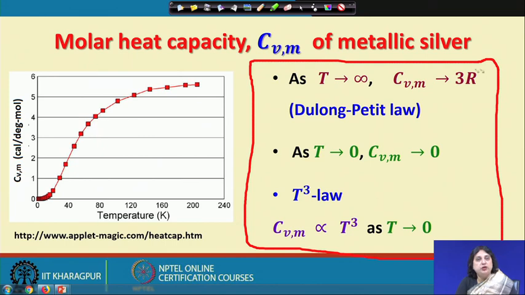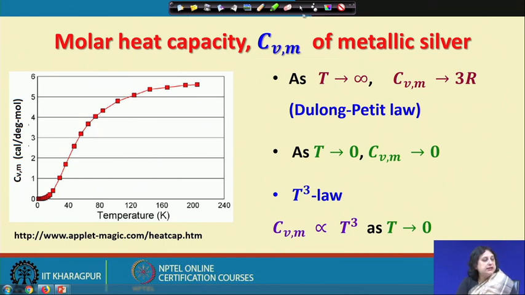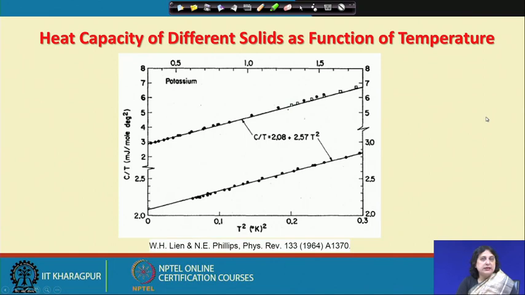But before we go into that, let us review a few more experimental cases where this T cubed law has been observed. This is the measurement of the heat capacity of different solids as a function of temperature at very low temperatures, and this is the measurement for potassium.